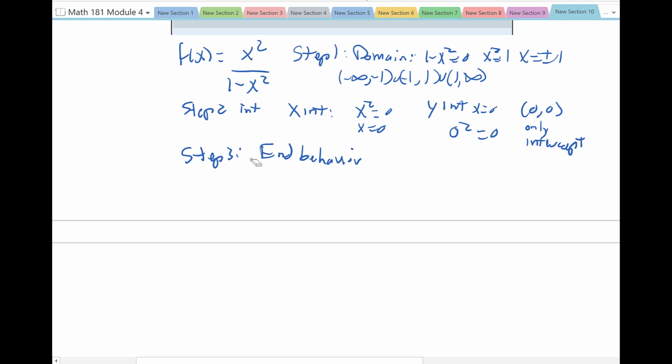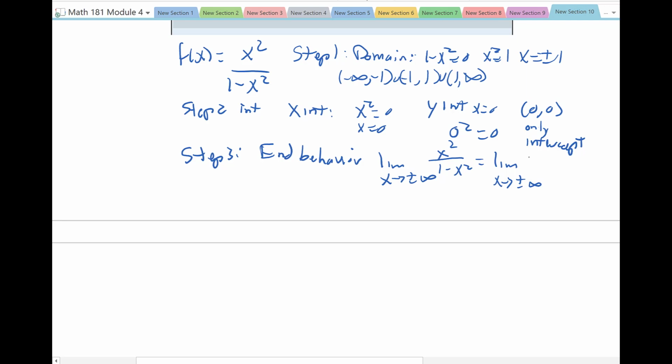In end behavior, we look at the limit as x approaches positive or negative infinity. And given that it's squared in the numerator and denominator, the x term is squared, so any negative squares out. So the positive or negative going to be the same. That's going to be the limit as x approaches positive or negative infinity of x squared over 1 minus x squared.